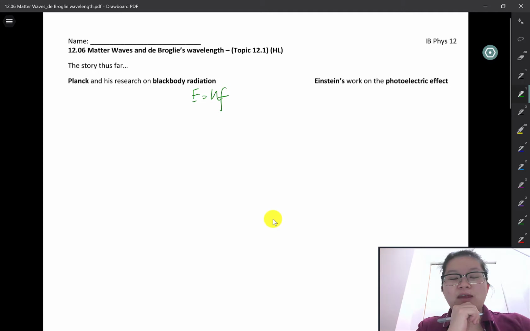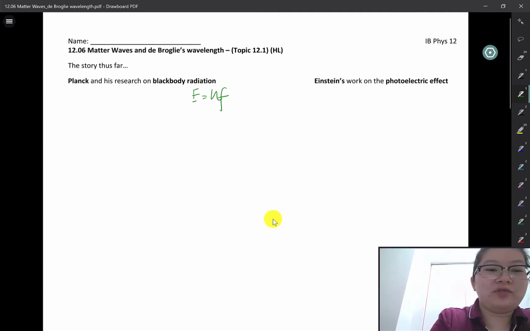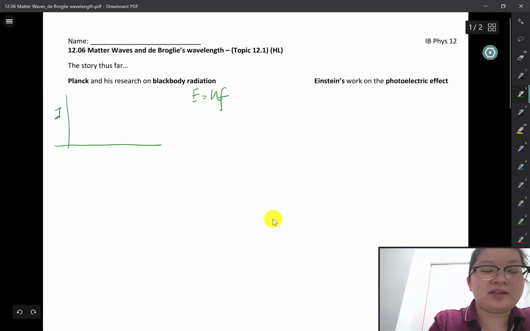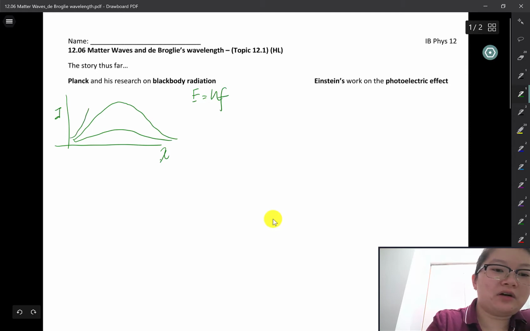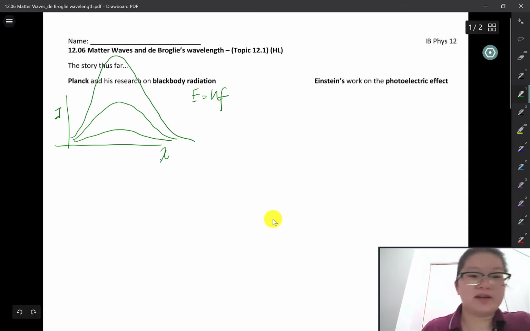It actually came from his research on black body radiation. So if you recall, black body radiation, here I have a y-axis plotting the intensity, and along the x-axis I'm plotting the wavelength. For black body radiation, depending on the temperature, you get a different shape. That's my attempt at drawing it.